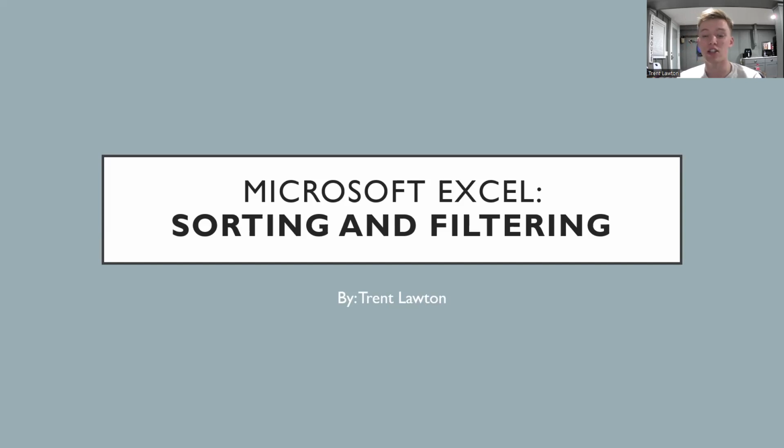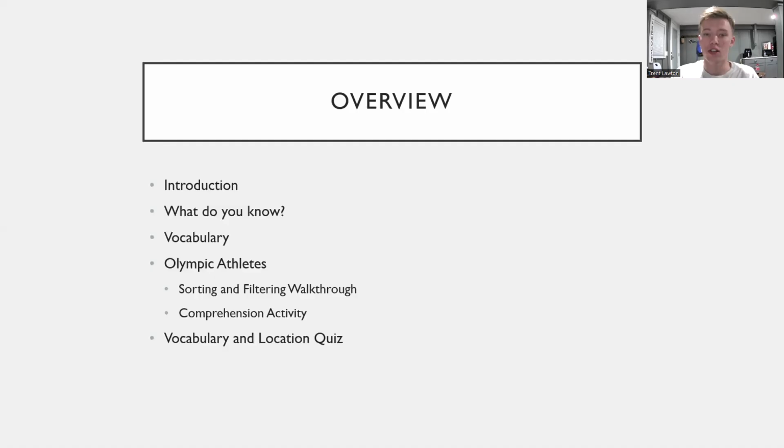So for all those athletes in the room, and with the Olympics that just ended a few days ago, we are going to be looking at some data from the Olympics from the past. So with that, everyone should have their laptops out and ready to go with that Olympic Athletes Excel file, and we're going to get started.